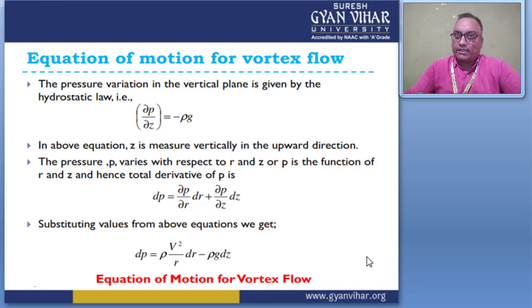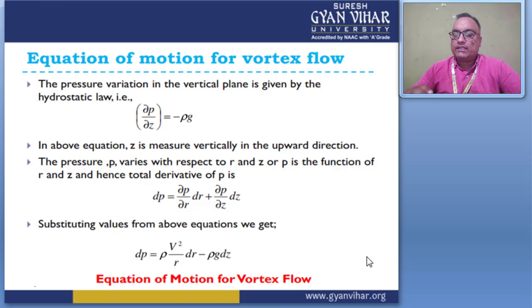Hence pressure increases with the radius R, but by the hydrostatic law, the pressure variation in the vertical plane is given by del P by del Z equal to minus rho g. In this case, if I am moving vertically upward, the pressure P varies with respect to R and Z also.